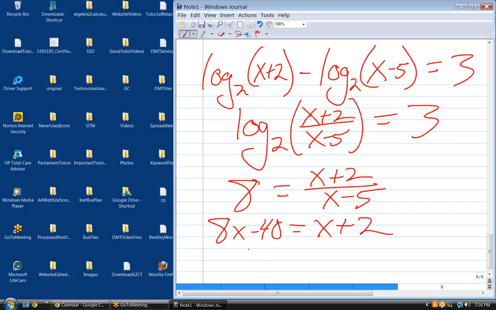Next line? 7x minus 40 equals 2. That passes both domain tests.